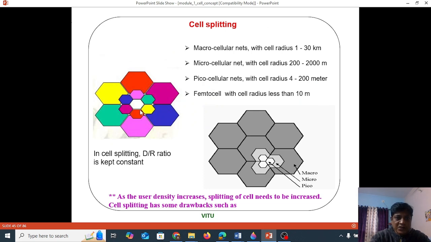Now the center cell is split. Now again the frequencies are allocated. The red one would also be split, but for simplicity I'm taking this entire red region, that is, the entire cell operating with the same red frequency, and this one is the red. So now you can see D is reduced. Similarly, R is also reduced since the cells are split. So that's why the D by R ratio remains constant.